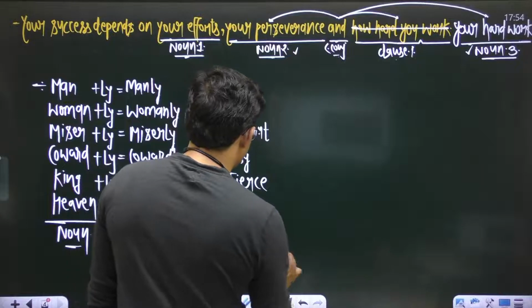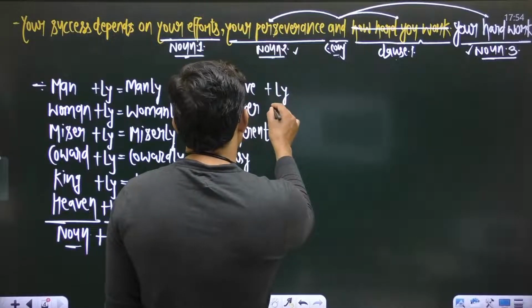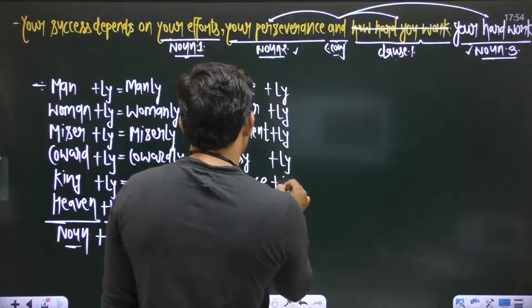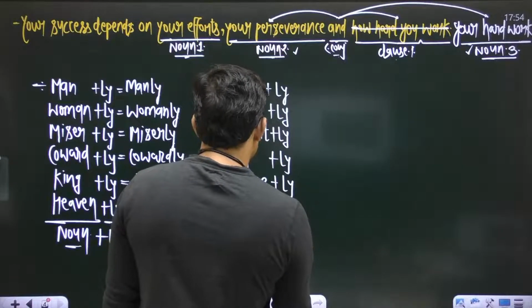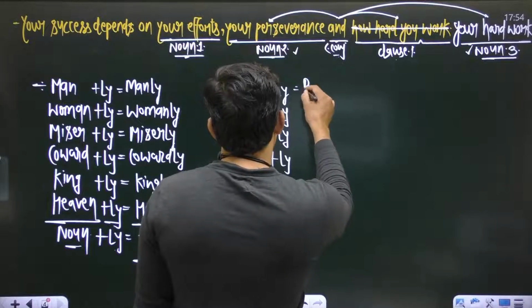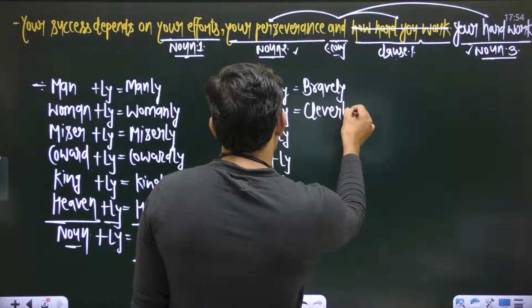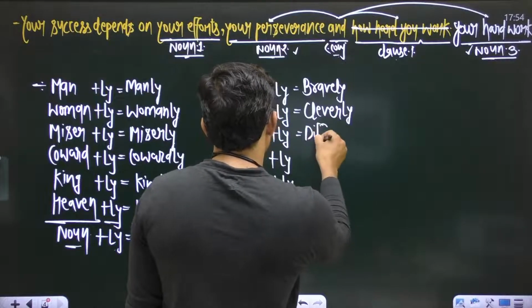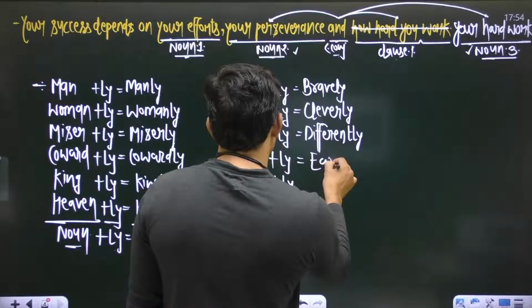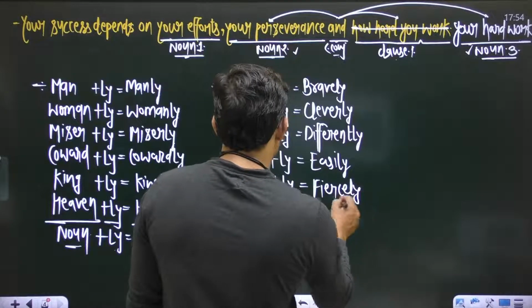Whenever you add the suffix ly with these adjectives, they become bravely, cleverly, differently, easily, fiercely, and strongly.